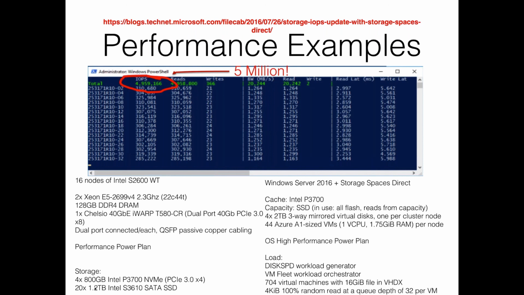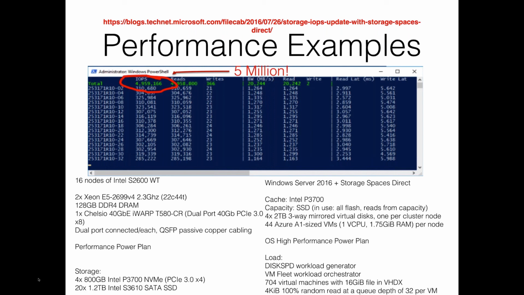These are a standard 24 drive front face, which we populated with 4 of their P3700 NVMe devices and 20 of their S3610 SATA SSDs. These are the high spec E5-2699 v4s in this instance.